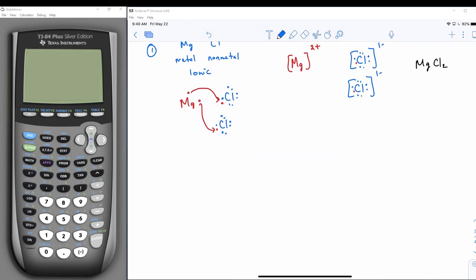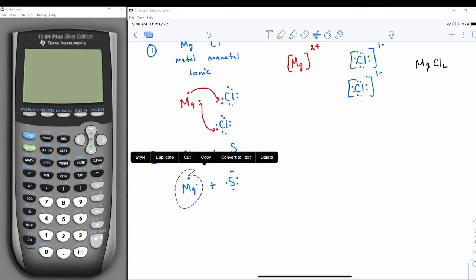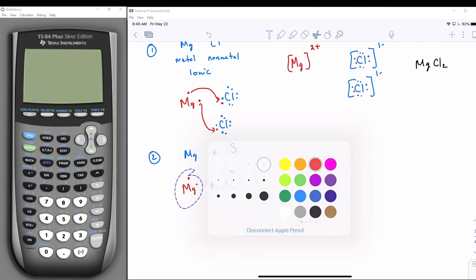And we do this for each of our examples, Mg and S. Well, Mg has 2 dots, S has 6. Let's clear that up a little bit. 1 on each side before you double up. Makes things a lot easier for you, because then you can see which ones are paired and unpaired.